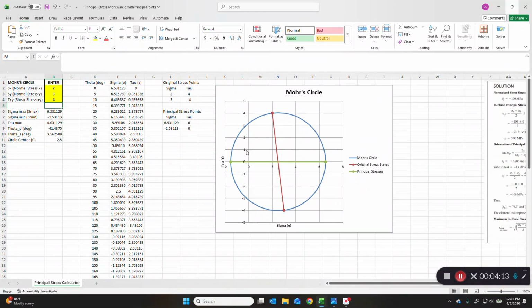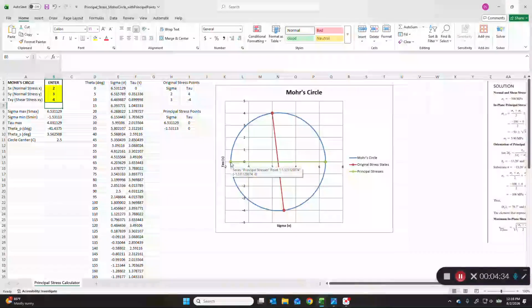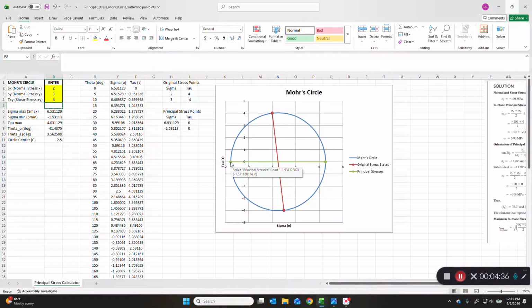You know, typically that convention is opposite and reversed, so this sheet actually is not completely accurate in its depiction, but the idea is if you look at sigma max, that would be this right component of the circle here, 6.53, and sigma min would be on the left side here, right? And that would be minus 1.53. The center of the circle would be here. We said it was 2.5, right?